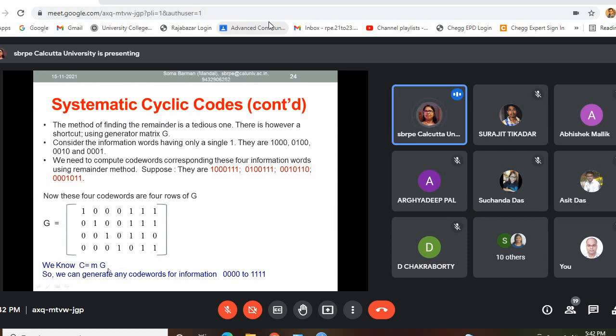For this case, you have to form the generator matrix for only the 4 messages which contain a single one, by the division method. Then the rest of the code words can be generated by matrix multiplication of the message vector and the generator polynomial. Sorry, generator matrix.